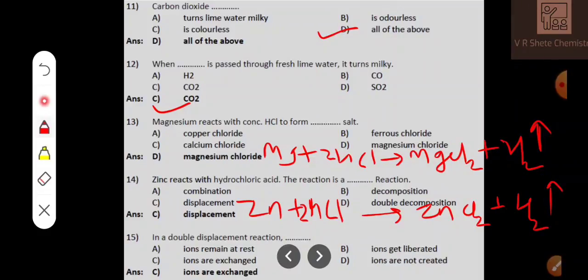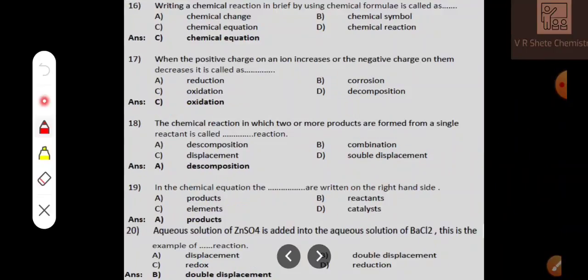It's a displacement type. In a double displacement, ion exchange will be there. Two atoms are displaced. Next, writing a chemical reaction in brief by using chemical formulas is called a chemical equation. 70th question. When the positive charge on an ion increases or the negative charge decreases, it is oxidation. Oxidation means positive charge increases.